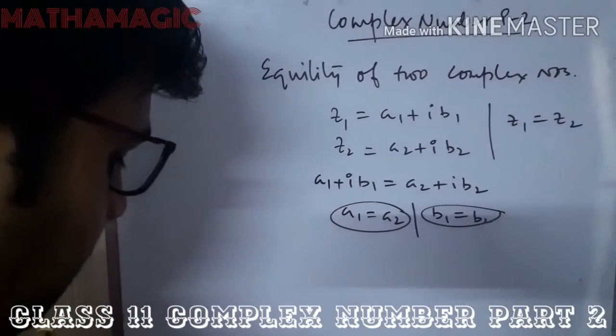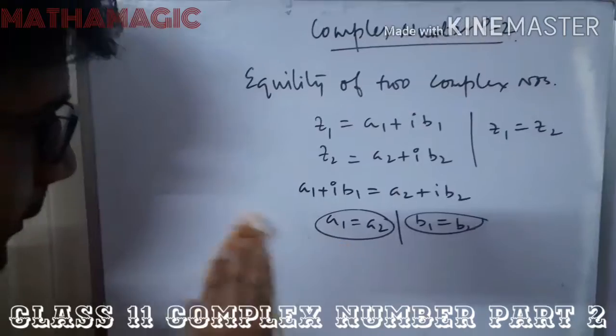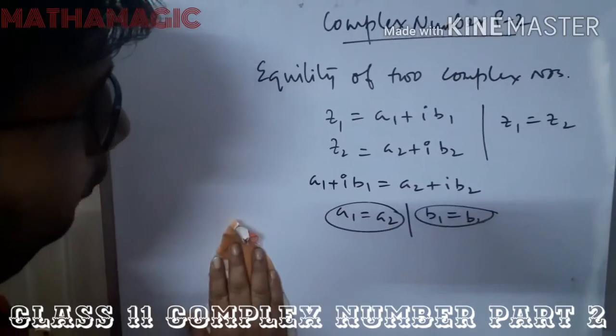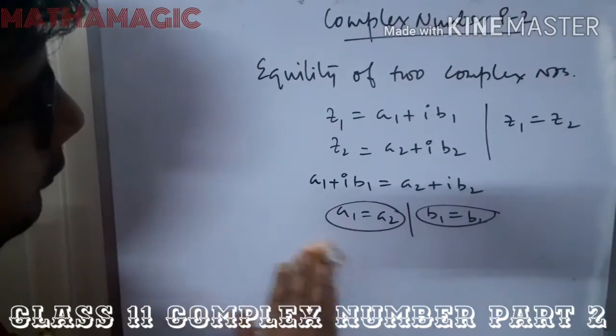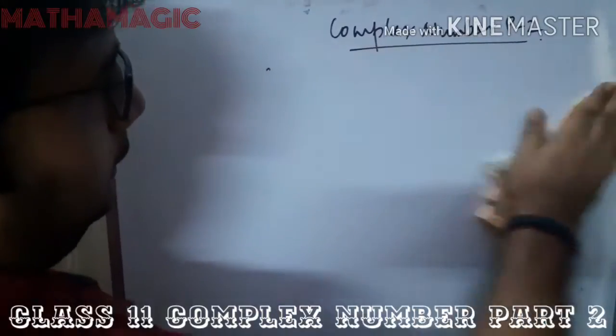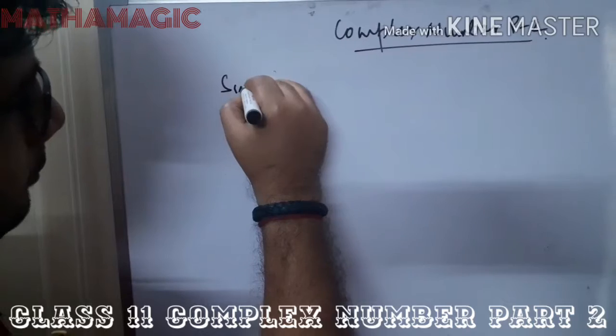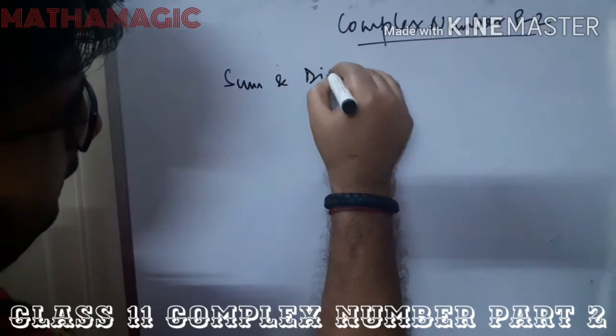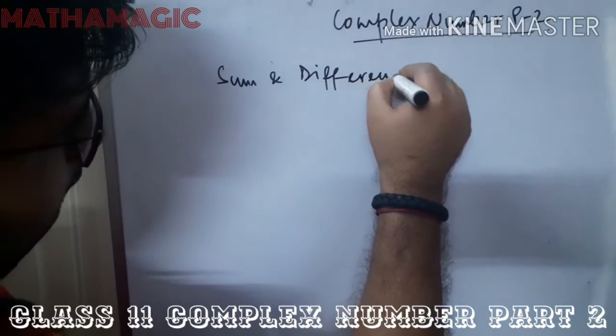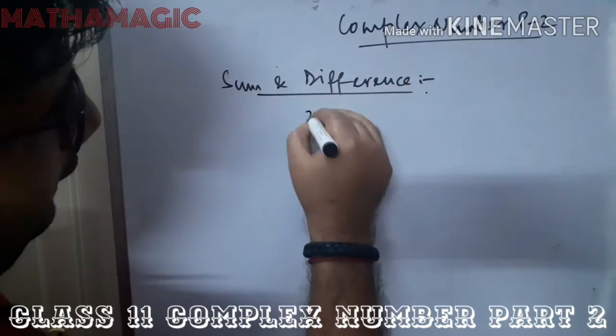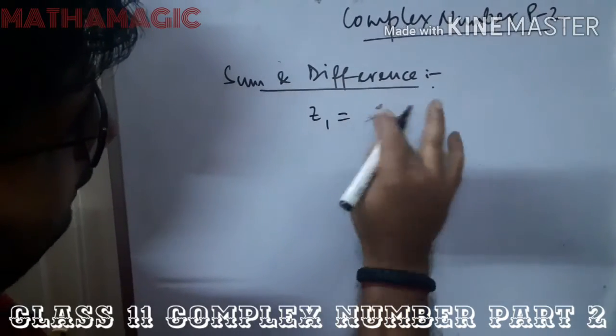We'll move to the next one, that is the addition and difference of two complex numbers, that is addition and subtraction of two complex numbers. So first of all, we'll take two complex numbers Z1 and Z2.